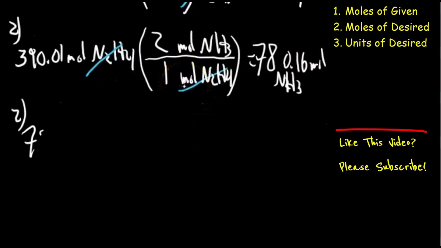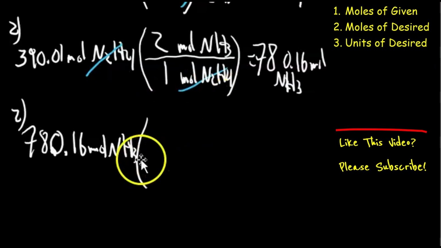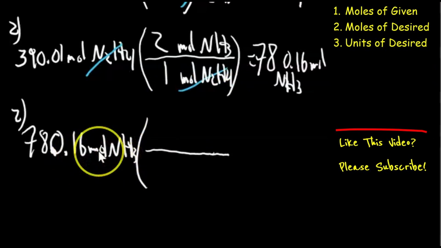So we'll take 780.16 moles of NH3. And using the periodic table, the molar mass of NH3 is 17.031. But we won't put that in first. First, we'll put in the units because we want moles to cancel out.